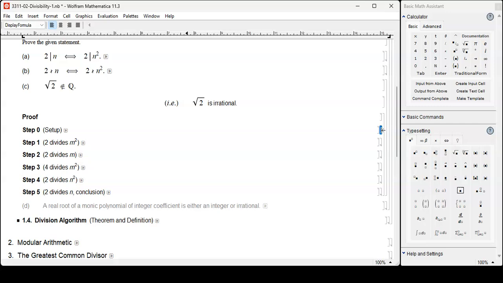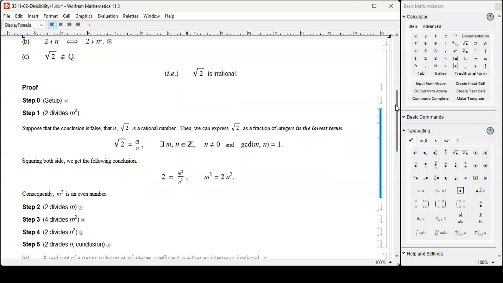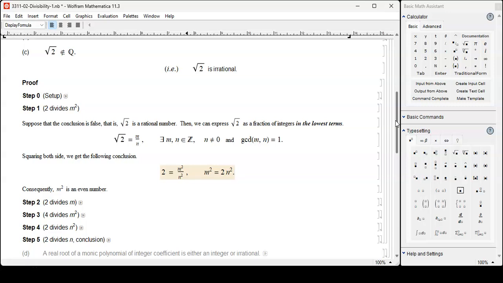So how do I get that? Well, express it as a fraction and then remove the denominator: m squared equals 2n squared. You see, this is number theory, so we don't really want fractions. So remove it. Now we have all integers, so we can use some number theory.